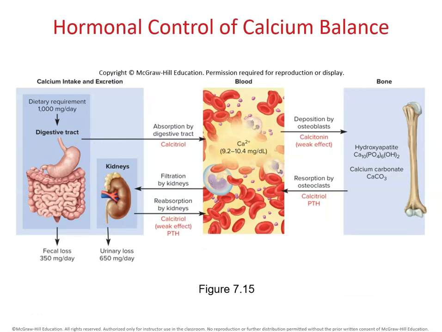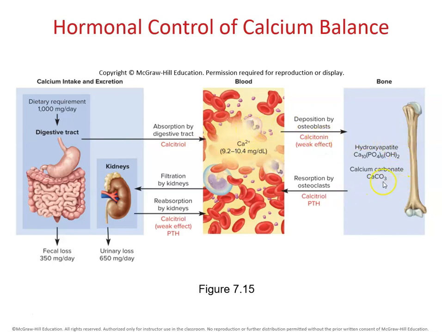And the result is vitamin D that our body can use. So this is a diagram showing how minerals move in the body and what hormones are involved. When we move calcium from the digestive tract, we've eaten something with calcium, maybe some ice cream or some milk, to move calcium from the digestive tract to the blood, we need calcitriol or vitamin D. To move calcium from the blood to the bones, we need calcitonin.